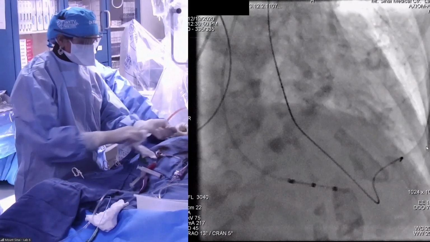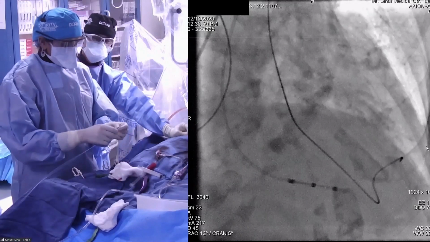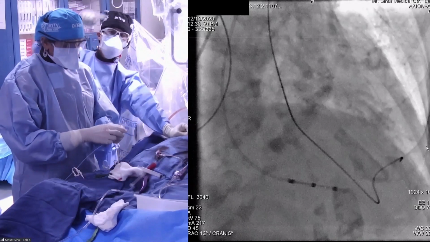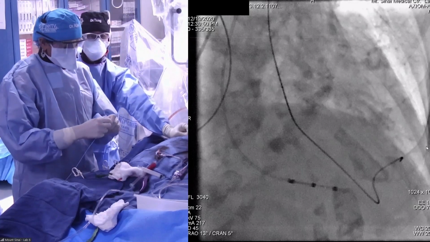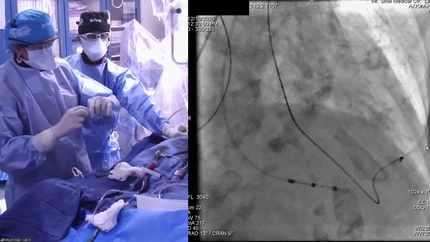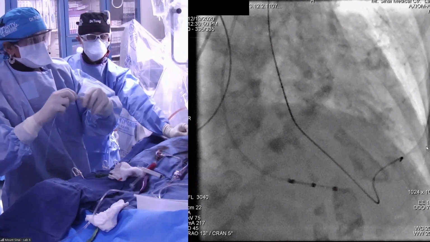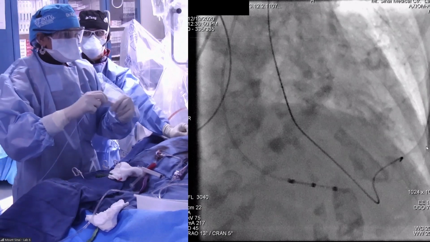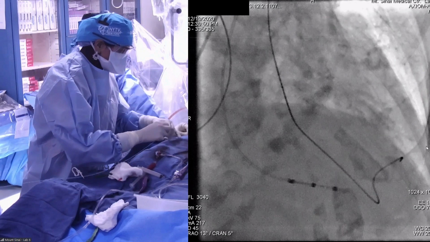And of course we have the modified indication of the Lotus valve, which is no longer there. But clearly all these points are very important in discussion of valve selection. We all know that probably 80% of the time you can use any valve interchangeably, but in 20%, based on the specific anatomy, one anatomy will favor one valve versus the other.